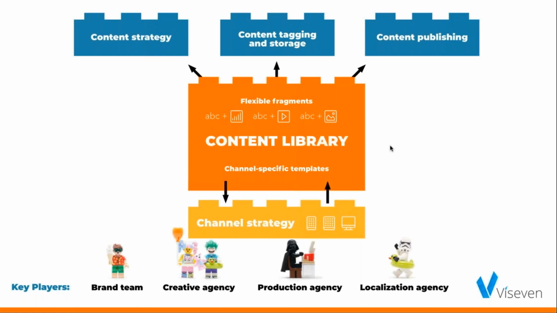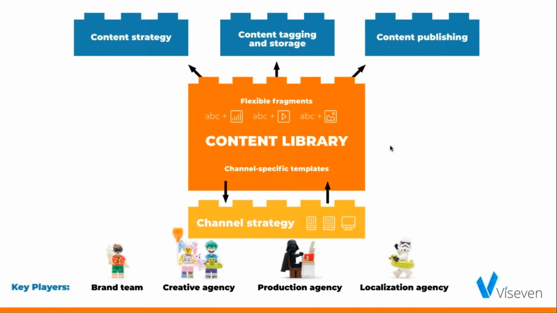If that condition is not kept, the reuse will suffer. And when all these connections are set, we are sure that if we make the smallest change in the fragment, there will be a guarantee that this change will be automatically applied to all of the channels.